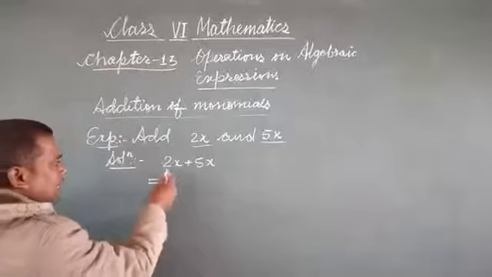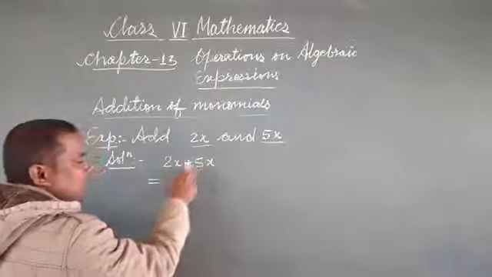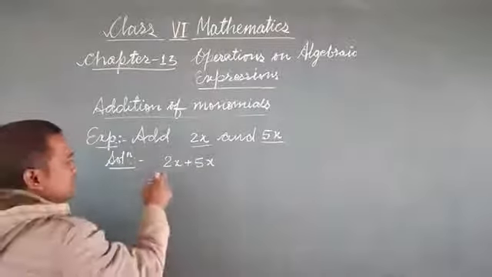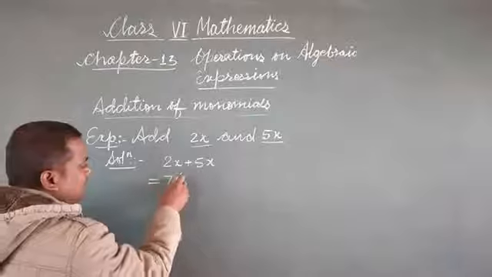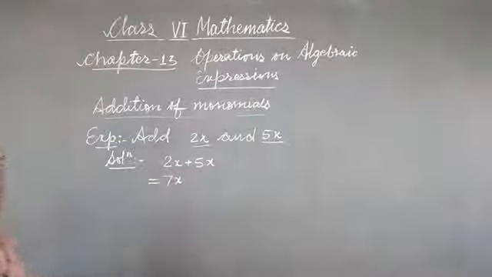So we will add the numerical coefficients of both the terms: 2 plus 5, 7x. So this will be the result.